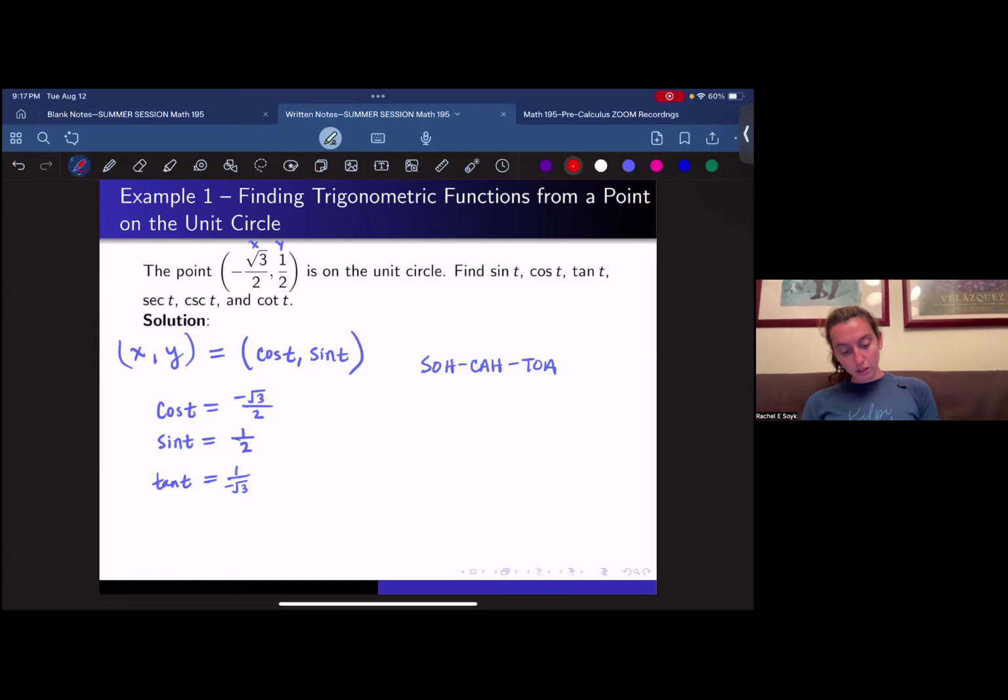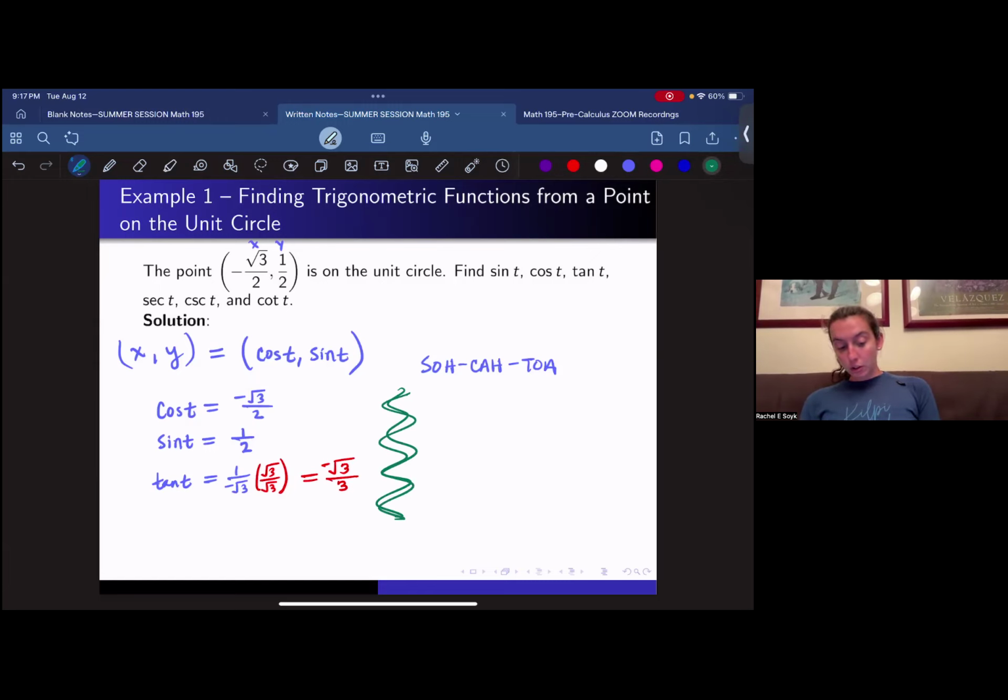Rationalize the denominator. And I like to bring the negative to the numerator. And we end up with negative square root of 3 over 3. Halfway there. Now let's just look at the reciprocals.